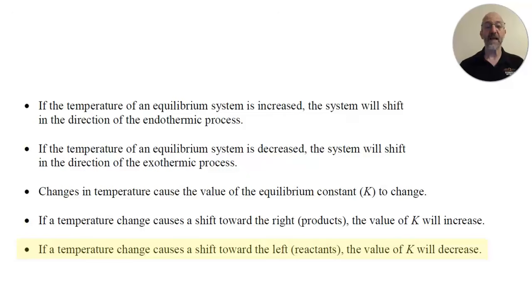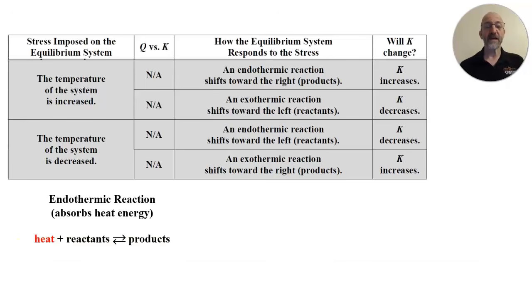Now, also in that video, I had presented 4 different scenarios or possibilities. The reason why there are 4 different possibilities is that the temperature of the system could either increase or decrease, and then the reaction could be classified as either endothermic or exothermic. So that results in 4 possibilities. I will consider each one of those possibilities right now.